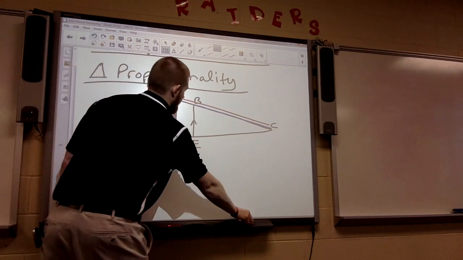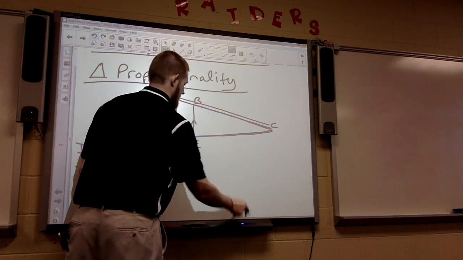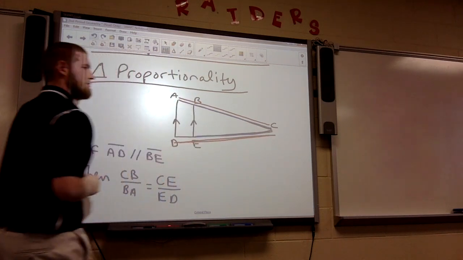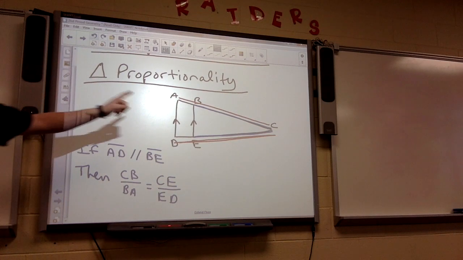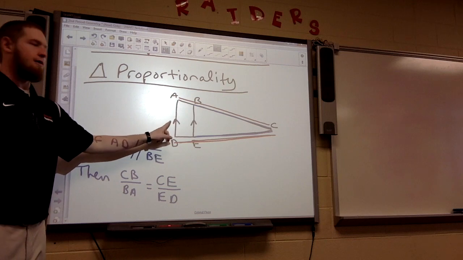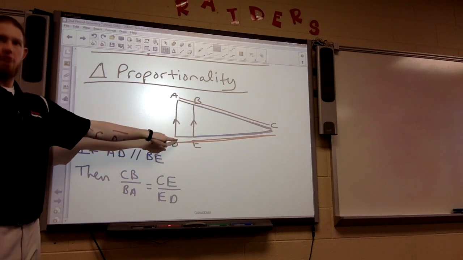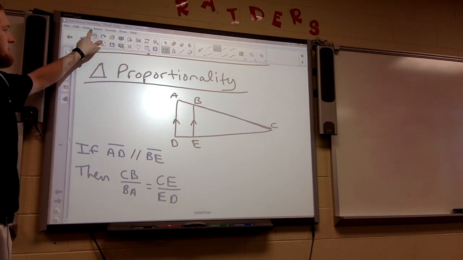Okay, and then I would have compared EC to DC. You guys agree with that? Yes. Okay. We don't have to do that anymore if we have parallel lines. If these lines are not parallel, do we still have to do this? Yes. Okay, but if these 2 lines are parallel, we don't have to do this anymore.